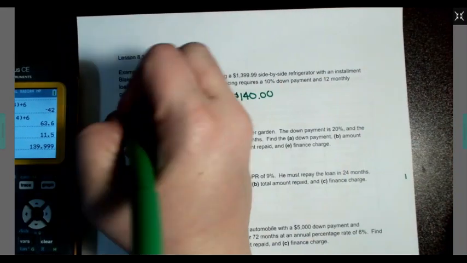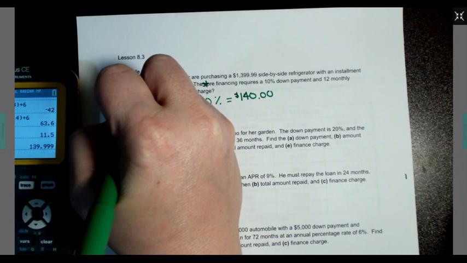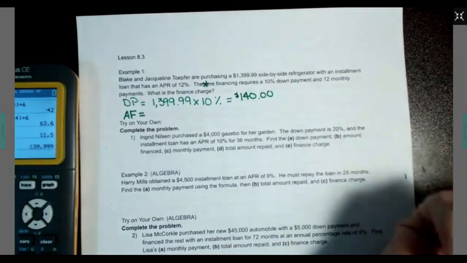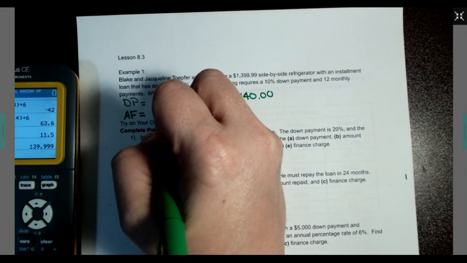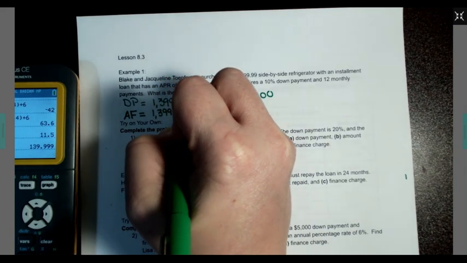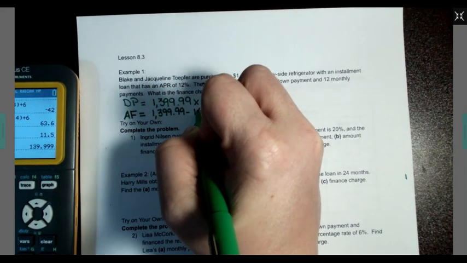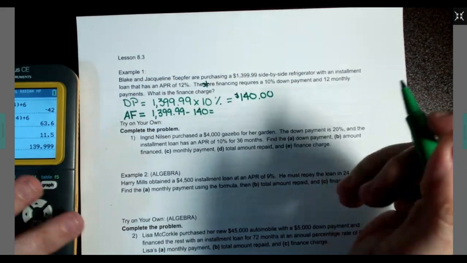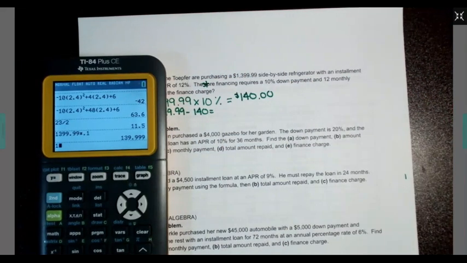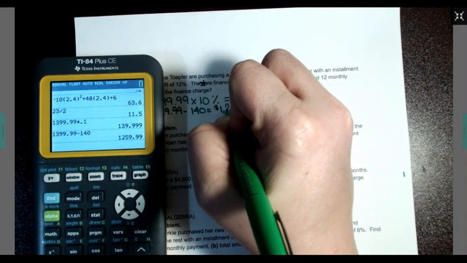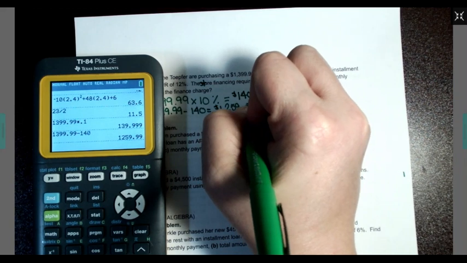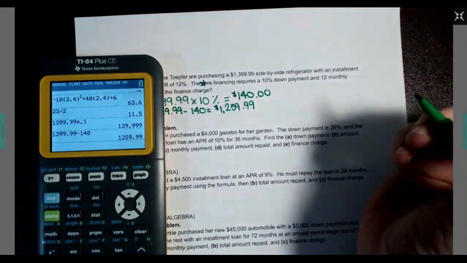This is my down payment. So now I need to find my amount financed. So we're going to take $1,399.99 and subtract our down payment of $140. 1399.99 minus 140 is $1,259.99.